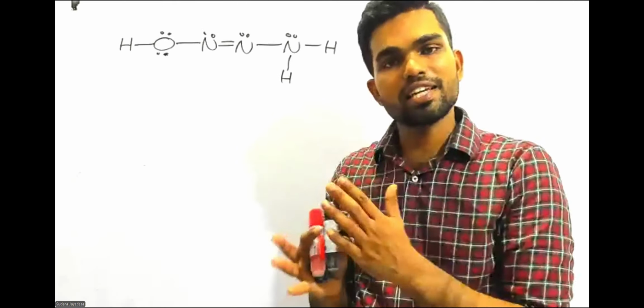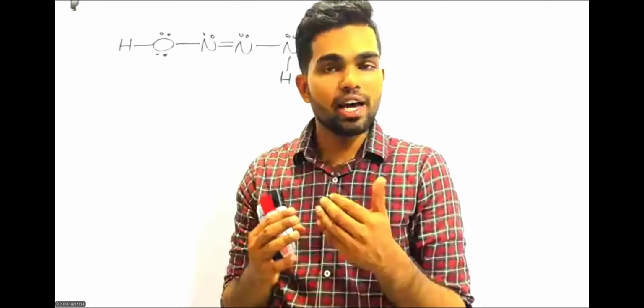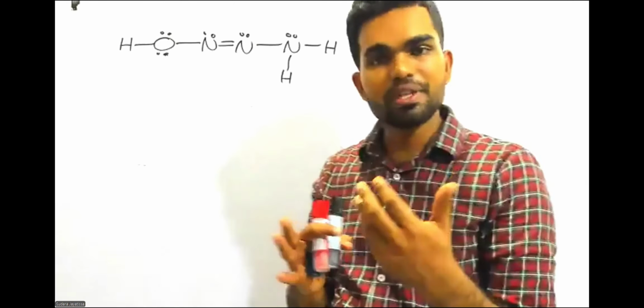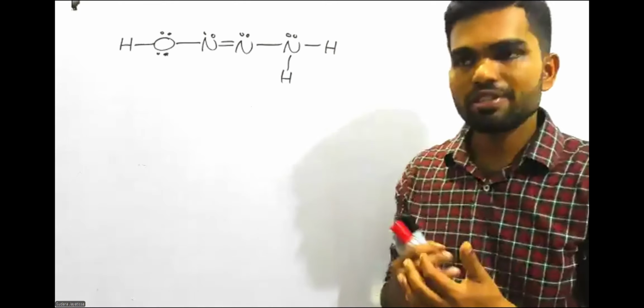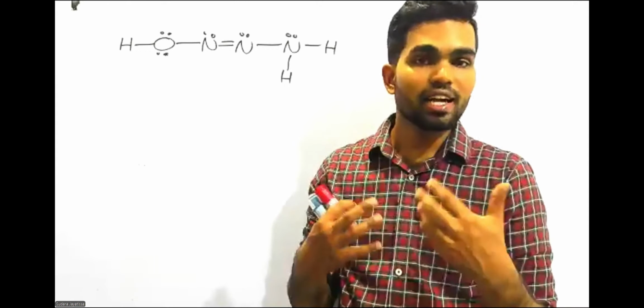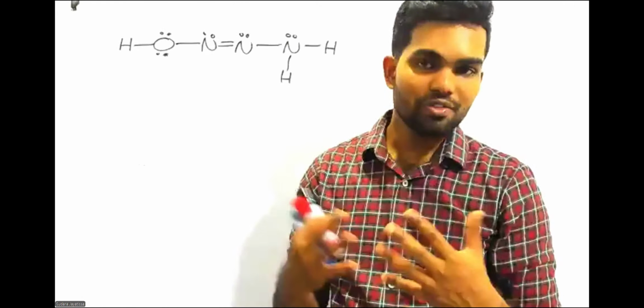So this method is 100% applicable when you have central atoms as nitrogen, oxygen, or carbon, some element that must follow the octet rule. Right? But if you have a central atom, let's say sulfur, phosphorus, or something, then you may draw more than the given number.